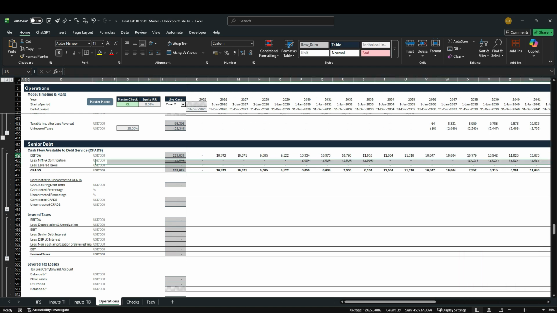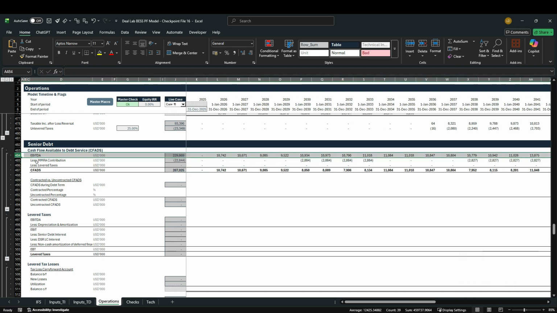And our EBITDA is essentially our revenue minus OPEX, so our operating cash flow. Then we have to subtract the cash that we have to save up for our augmentations. And obviously we'll also have to subtract our taxes.